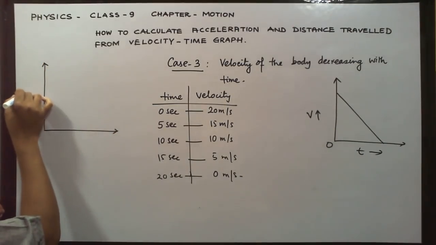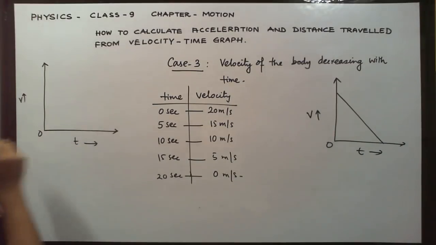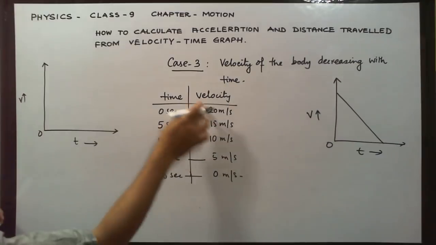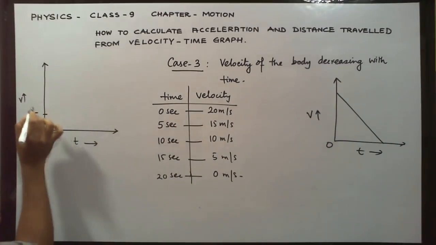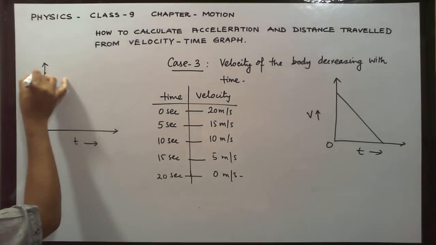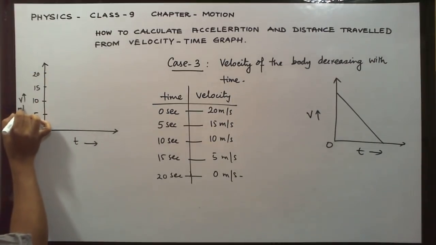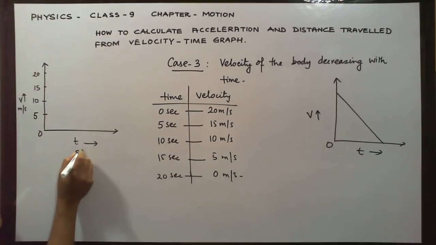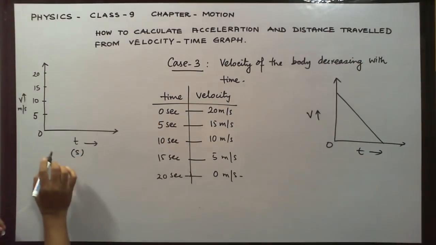We have got VT. We have got 0, 5, 10, 15, 20 meter per second, and time in seconds, we have got 0, 5, 10, 15, 20.